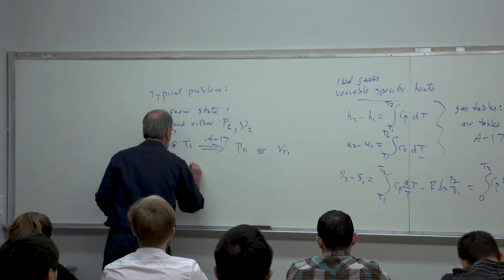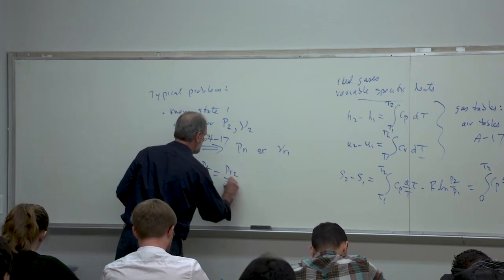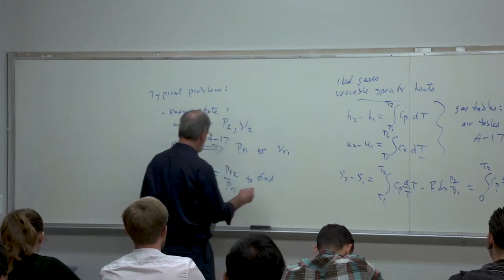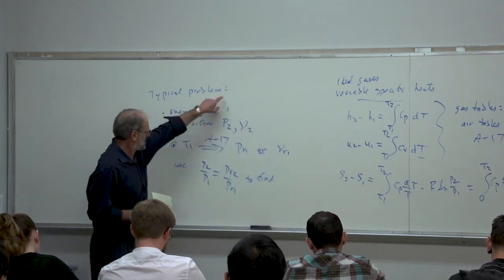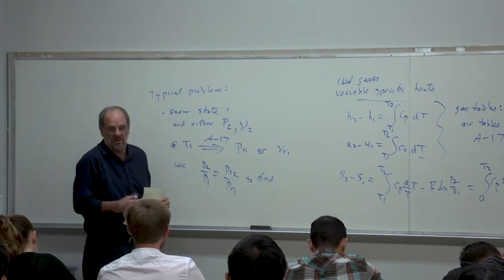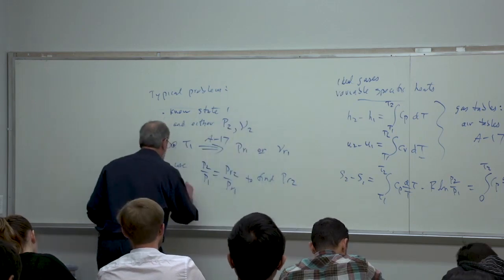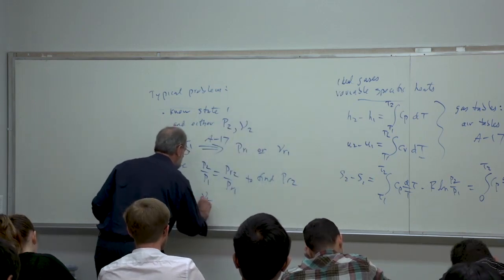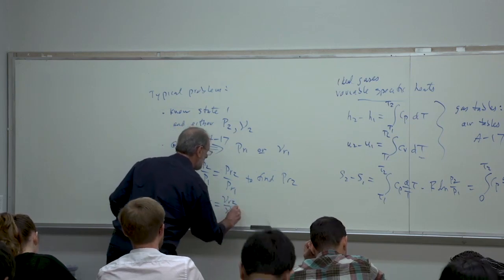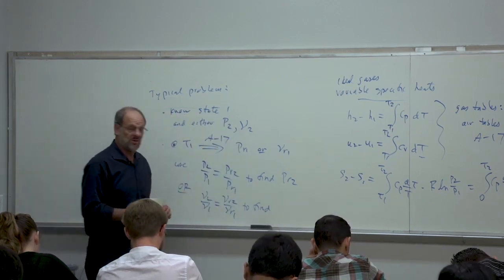Then we're going to use P2 over P1 equals Pr2 over Pr1. We know the first state, we know P2, we know Pr1, so we'll obviously use this to find Pr2. Or, if we know the specific volume, then we're going to use v2 over v1 equals vr2 over vr1, and we use this again to find the only unknown, which would be vr2.